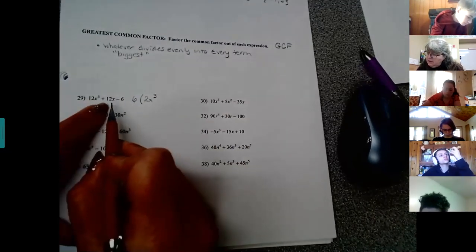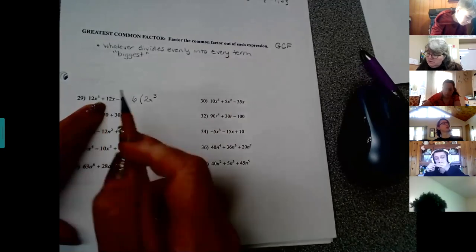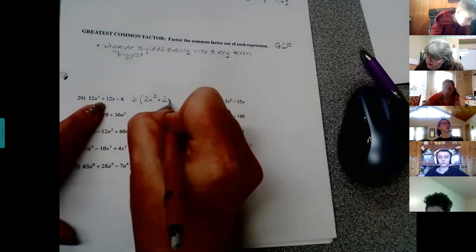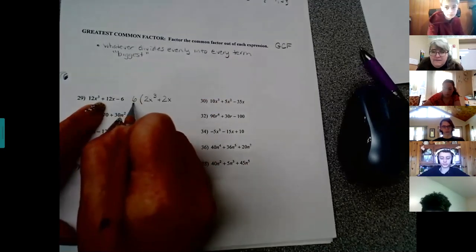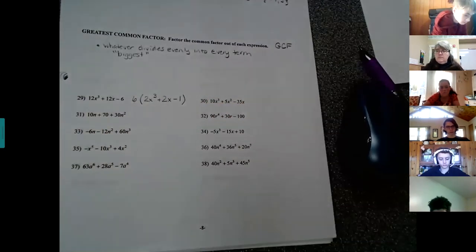Beautiful. Positive 12x divided by 6, plus 2x. Negative 6 divided by 6, minus 1. Yep. Close parentheses.